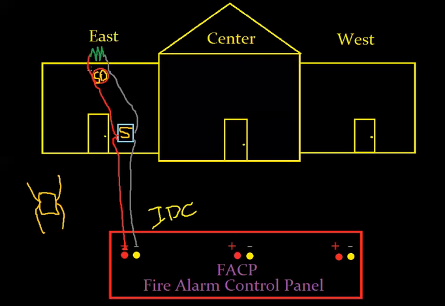Hopefully at some point we'll get into Ohm's law, but hopefully you're at least a little bit familiar with the idea that if you have a circuit that has, well, these are typically 24 volts, so let's say this is 24 volts, and it's DC, but we'll get into that in another video. It's 24 volts DC. If you have resistance, that affects the current. So the voltage, current, and resistance are all affected by each other.